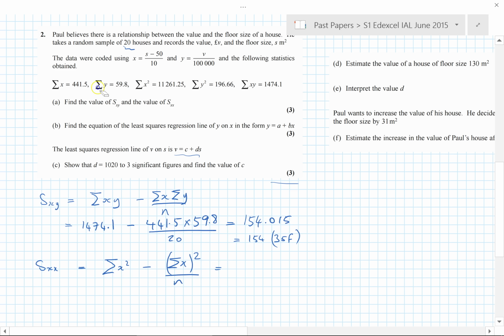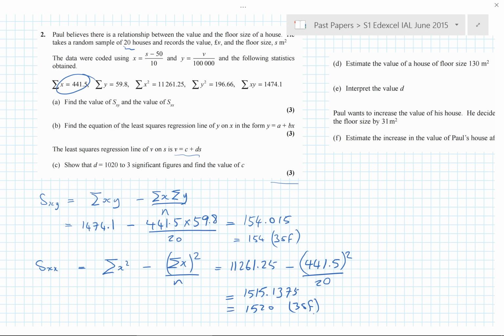We're given sigma x squared here, so that's 11261.25, minus 441.5 squared, all divided by 20. That comes to 1515.1375, which is 1520 to 3 significant figures. Okay, that's part A done.